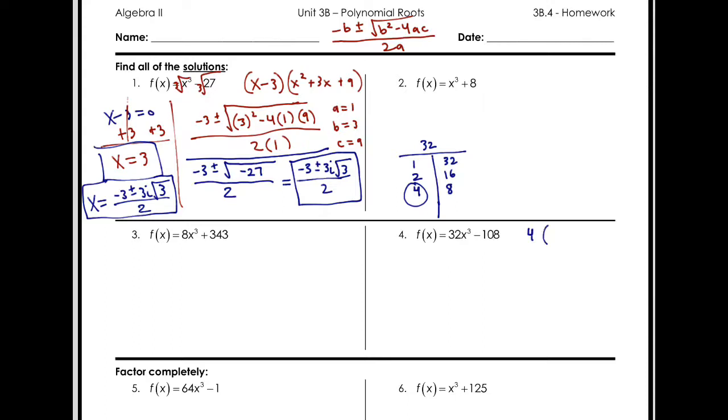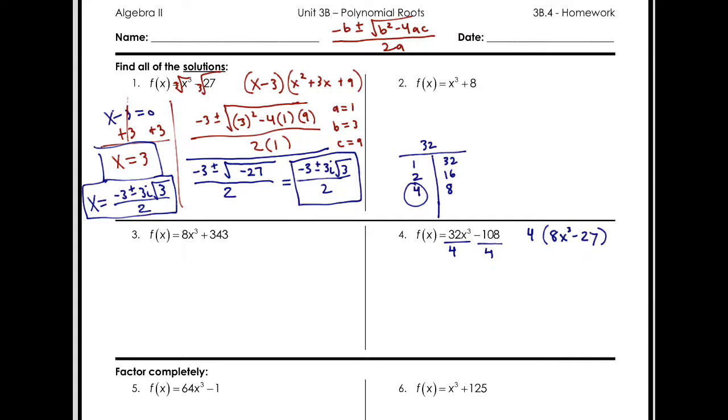Now we should have a binomial inside. How do we get that? Our 32 x cubed divided by 4 would be 8x cubed. Divide that by 4. That'd be minus 27.